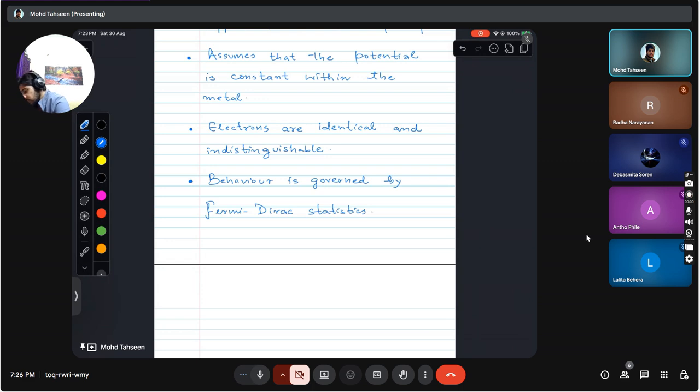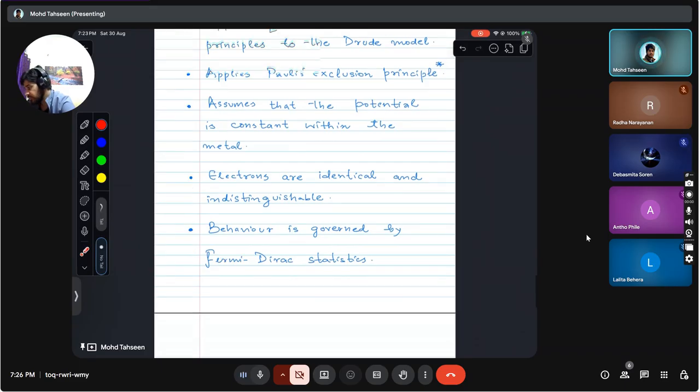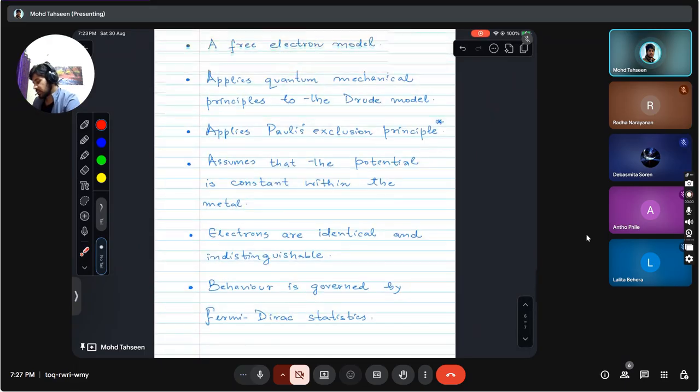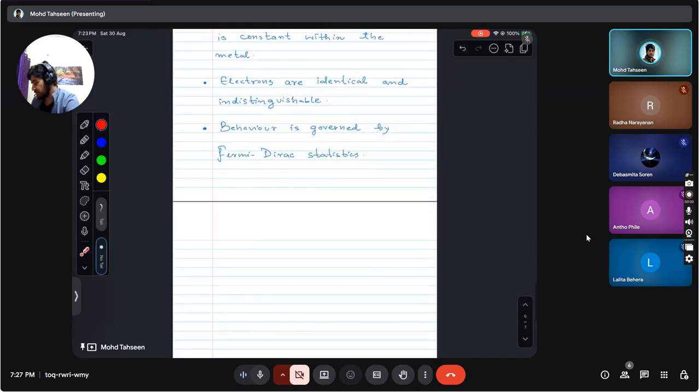Right, so here the difference is that the classical root model was based on Maxwell-Boltzmann statistics. So these are some of the characteristics, features, or assumptions that we make in this Drude-Sommerfeld model.